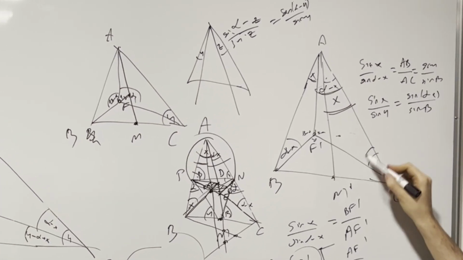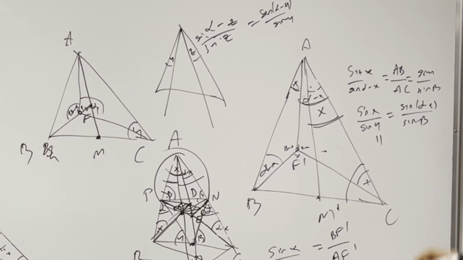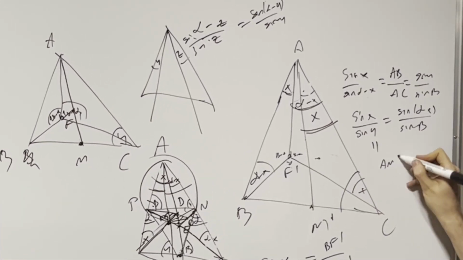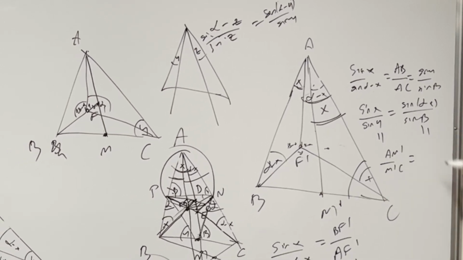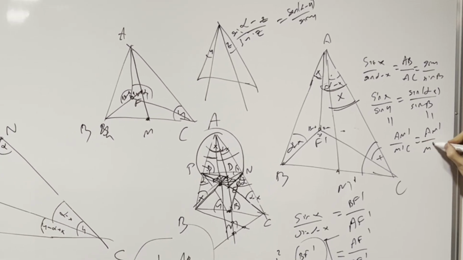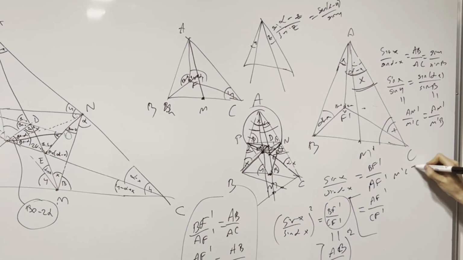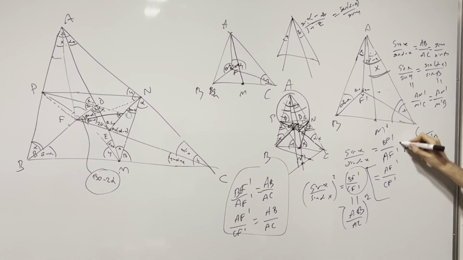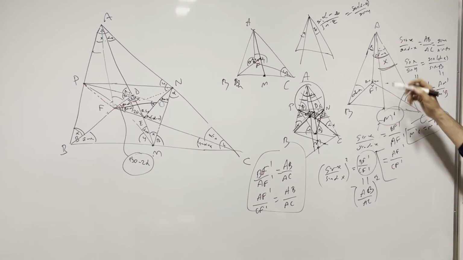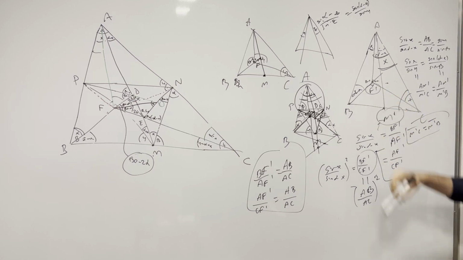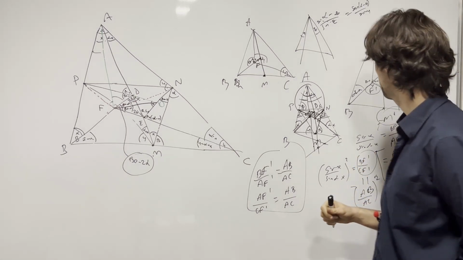Sine of x over sine of gamma is equal to am prime over m prime c, and this thing right here is equal to am prime over m prime b, so m prime c is equal to m prime b. In other words, m prime is in fact the midpoint, and we've then shown that f prime is in fact the point that we've been looking for.